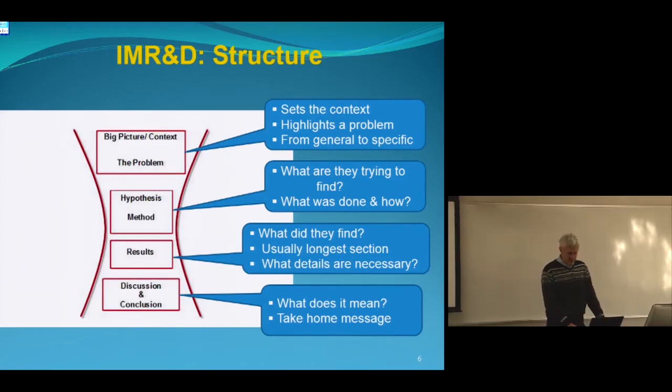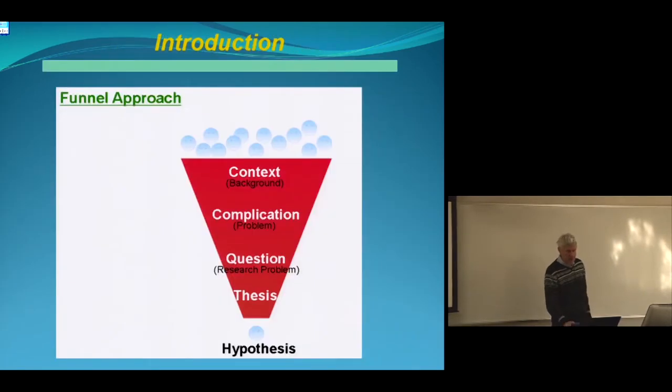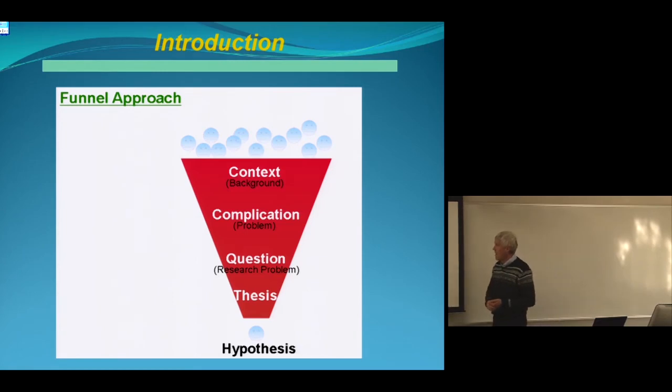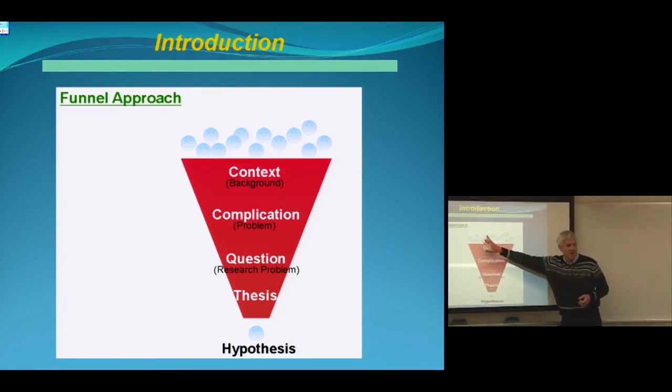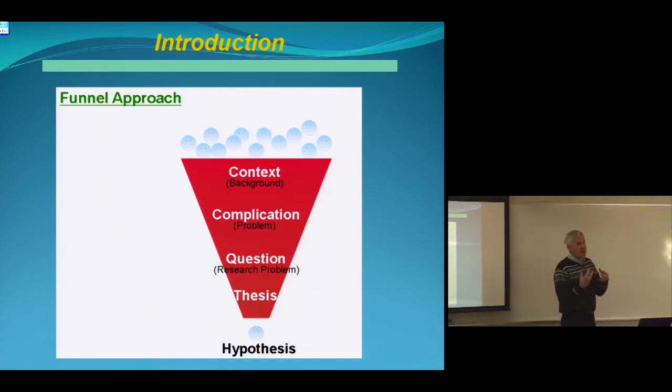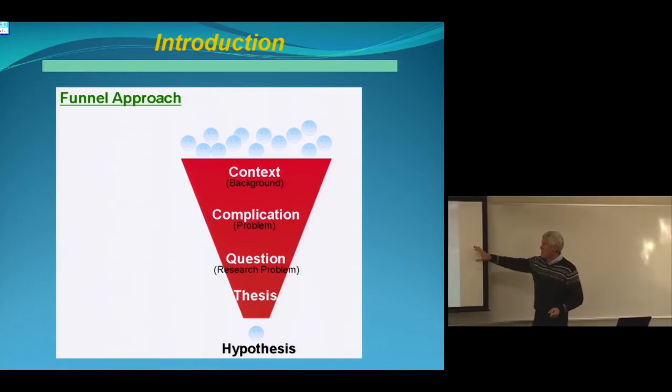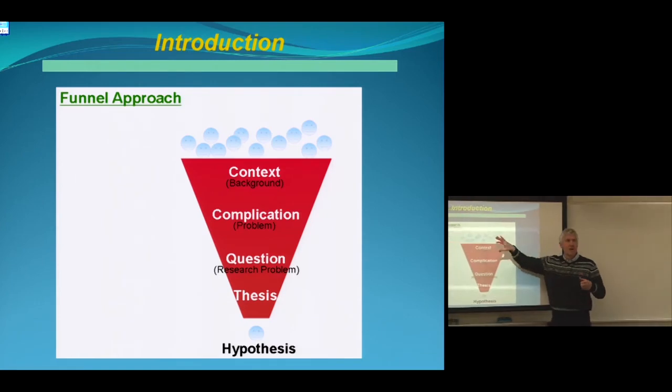So if we want to look at the introduction, I like to use this funnel here with lots of information up the top here. And so what you're trying to do at the start is introduce a context to the research that most people will understand.